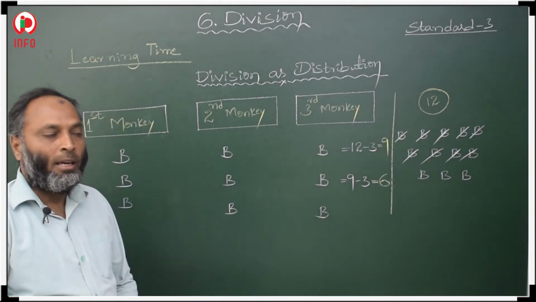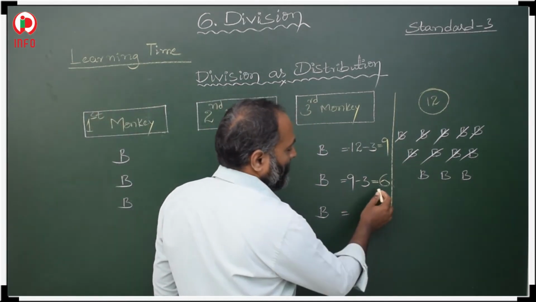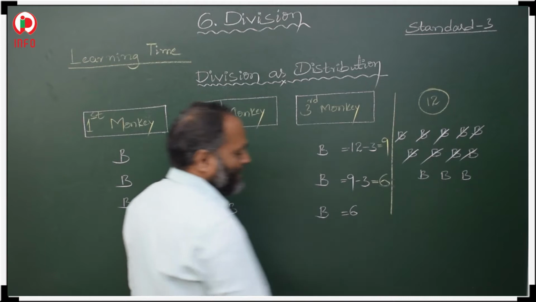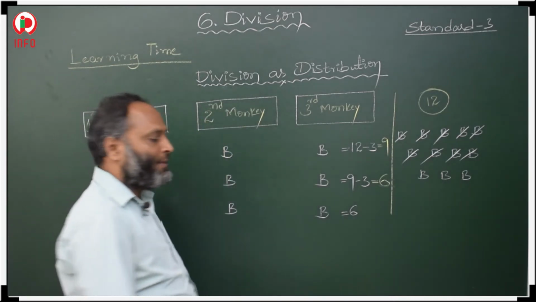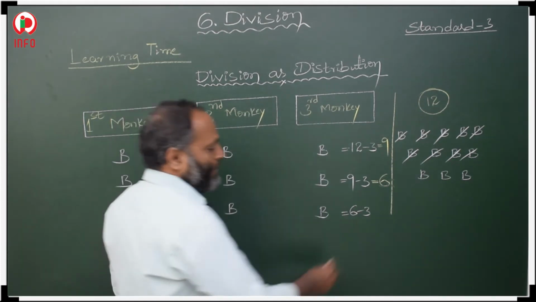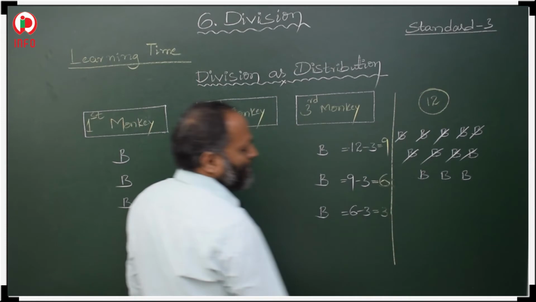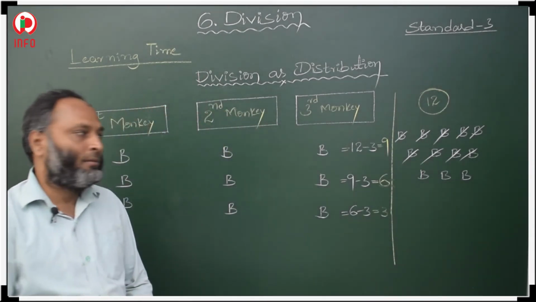In the third round, 6 bananas were there, and again we gave 3 bananas. Then 6 minus 3 is 3 bananas left.